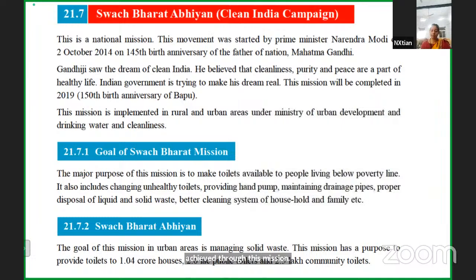This mission is implemented in rural and urban areas under the Ministry of Urban Development and Drinking Water and Cleanliness. So this mission was implemented in both the rural and urban areas. Who regulated it? The Ministry of Urban Development and Drinking Water and Cleanliness.